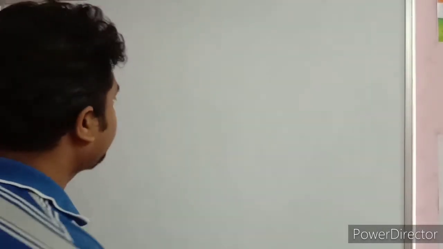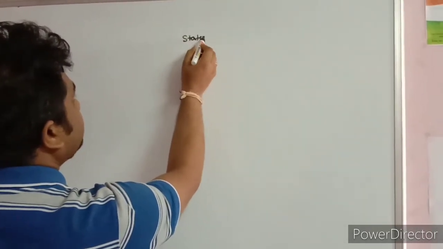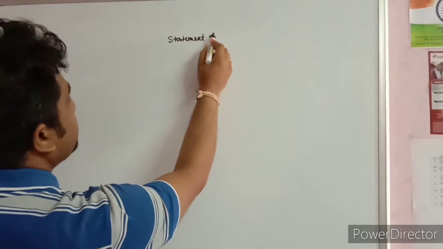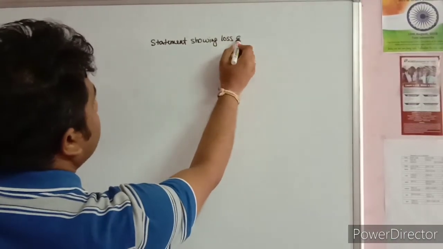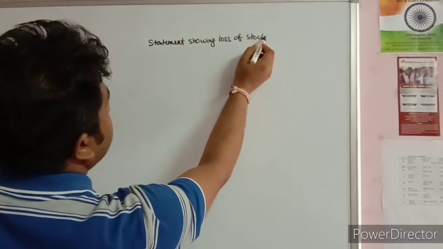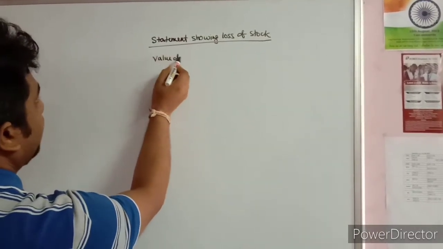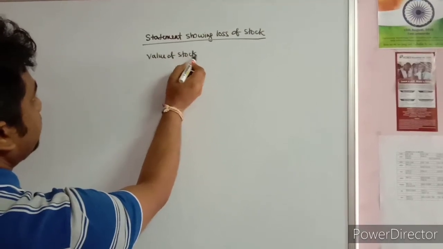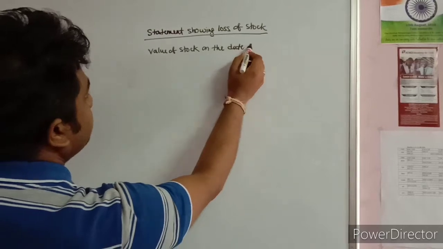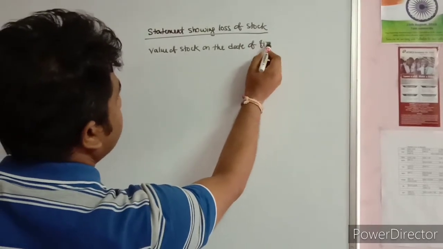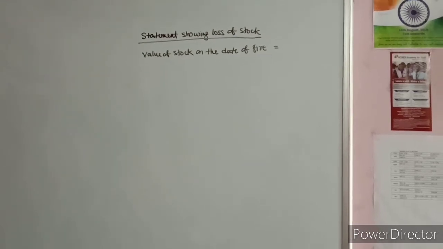Now we have to calculate the amount of loss of stock. Statement showing loss of stock. Value of stock on the date of fire was how much? We have calculated it using the memorandum trading account.